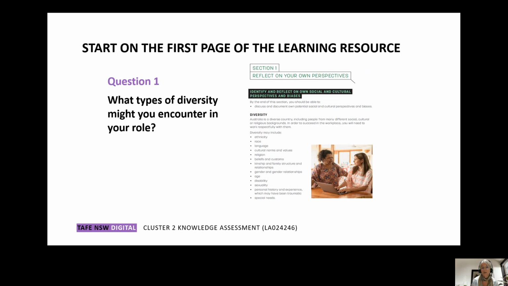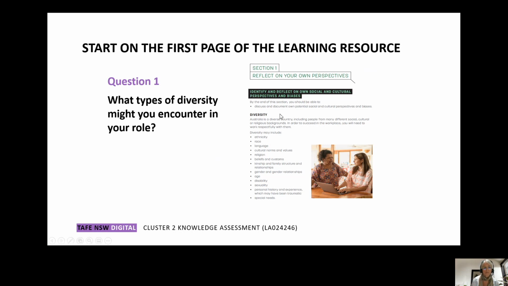And always start on the first page. Read your learning resource from page 1 through to the end. When we develop assessments and questions, quite often you're going to find that the questions have some order to them. So just keep working through your learning resources from page 1 through to the end.